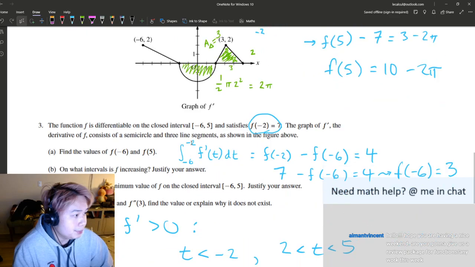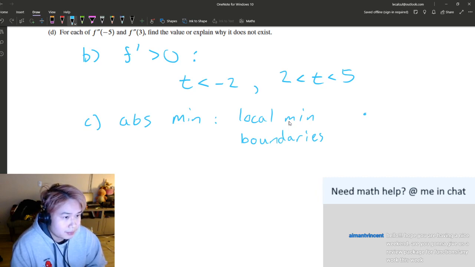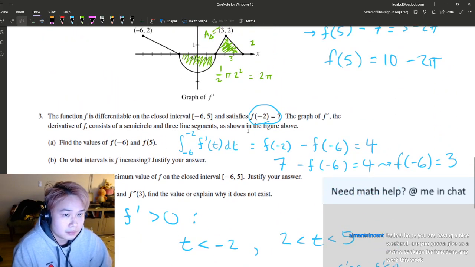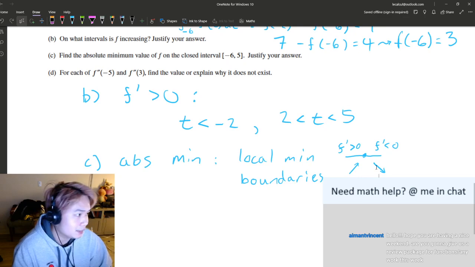And then to be a local minimum, we can do first derivative test. And then you know that a function is a minimum when it's positive followed by a negative. So the graph looks like it's increasing and then decreasing. So let's see. Oh wait, that's a maximum.